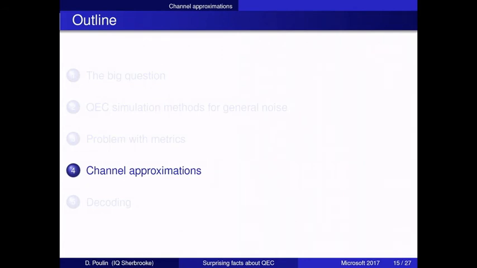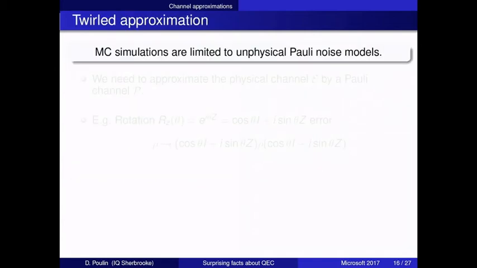Okay, so the next kind of question that we address using these tools are channel approximations. As I was saying at the beginning, a lot of people assume a stochastic noise model in these fault-tolerant simulations because then you can use standard Monte Carlo and use the stabilizer formalism to have an efficient simulation. All of this coding stuff uses Clifford circuits.